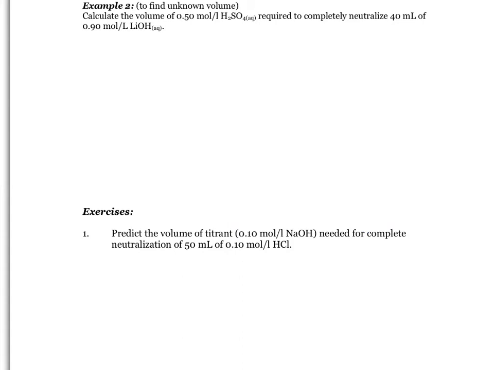Example 2. Calculate the volume of 0.5 molar sulfuric acid required to completely neutralize 40 milliliters of 0.9 molar lithium hydroxide. Step number 1 would be to write out the reaction between sulfuric acid and lithium hydroxide.